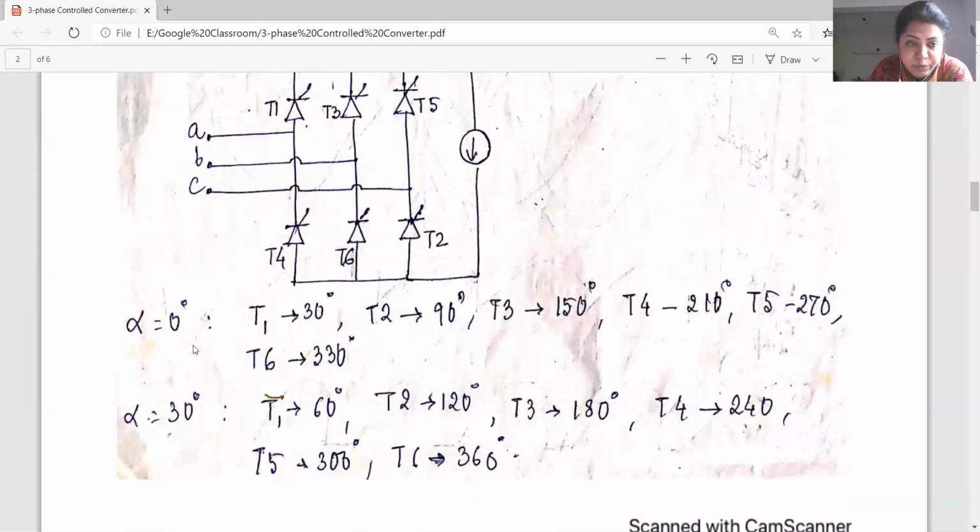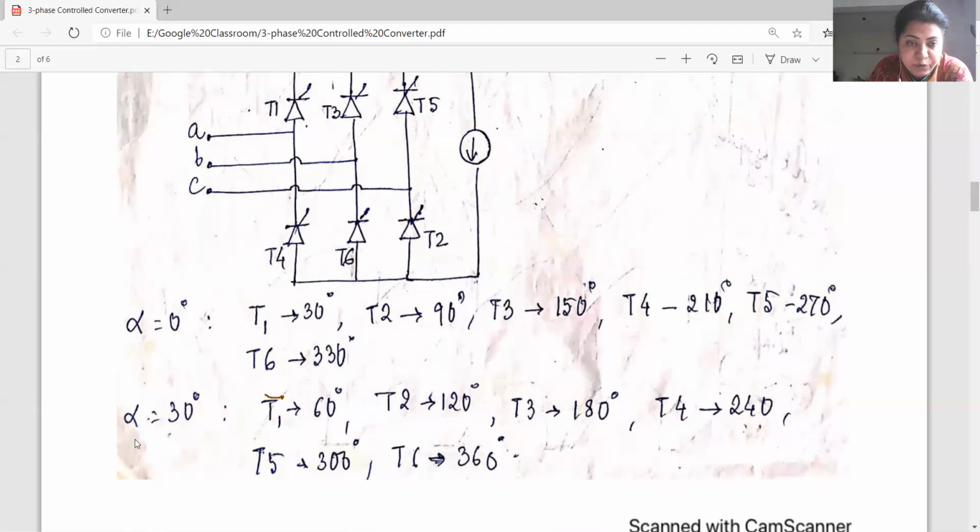Alpha equal to 0 degree instants means omega t is equal to 30 degree for T1, omega t is equal to 90 degree for T2, omega t is equal to 150 degree for T3, omega t is equal to 210 degree for T4, omega t is equal to 270 degree for T5, and omega t is equal to 330 degree for T6.